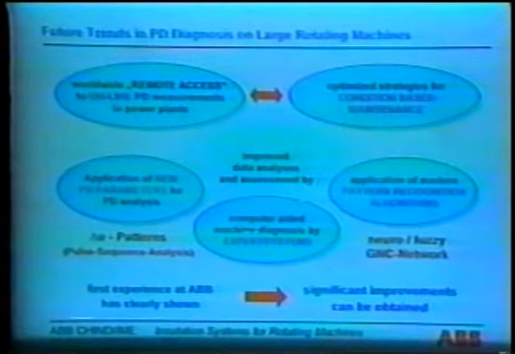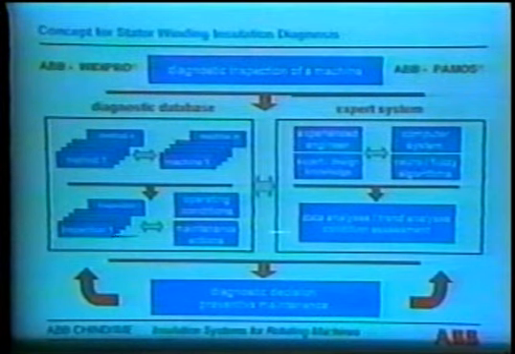And first experience at ABB has clearly shown that using these tools, a significant improvement can be obtained in this area. Finally, I will show you our concept for stator winding insulation diagnosis as performed today.